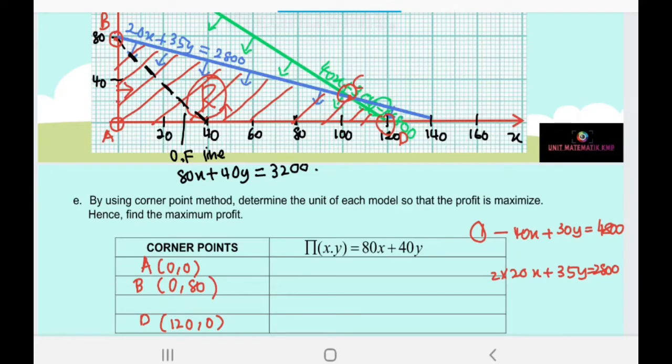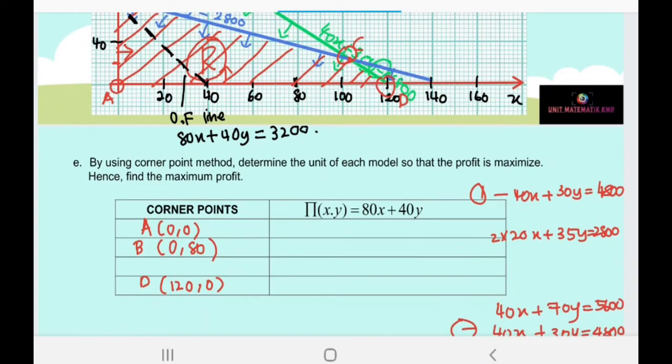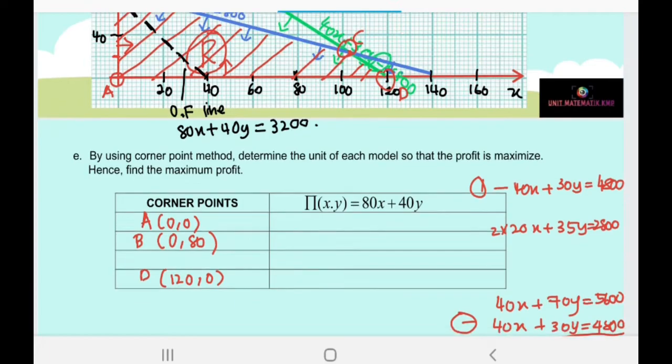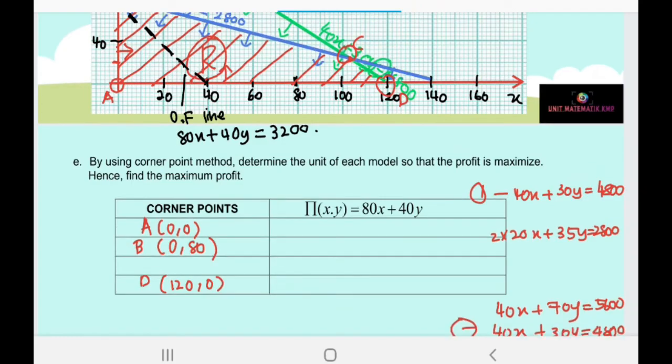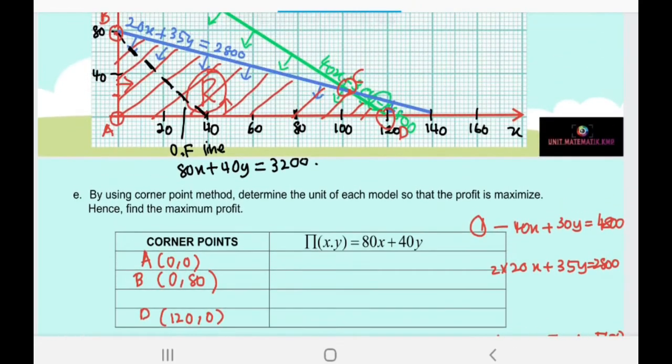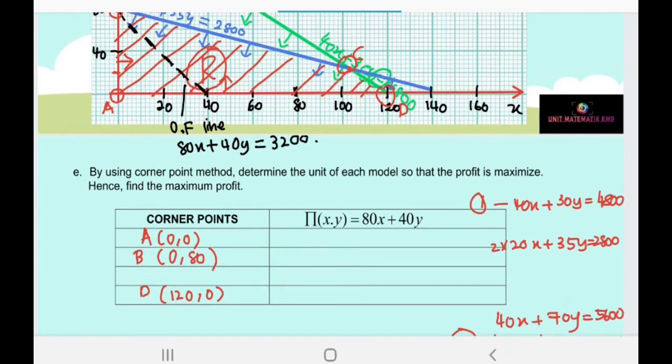It must be here, about half of your scale. So that's why for point C, it is much safer if you use simultaneous equations compared to just looking at the graph, because sometimes your scale is a bit changed, so you cannot get the accurate point.